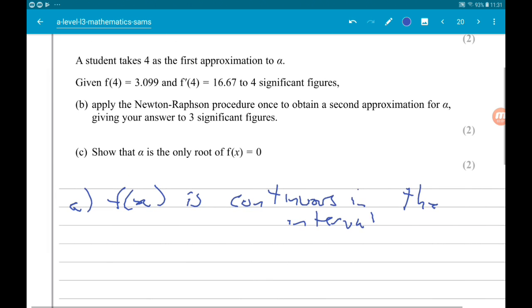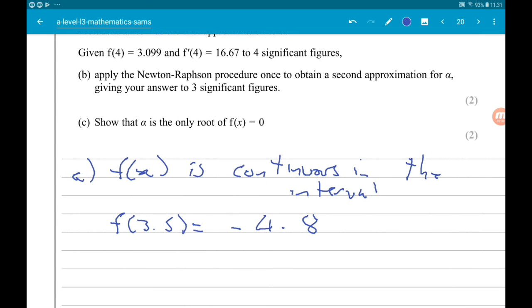So f of 3.5, make sure you can get minus 4.8, and then f of 4, make sure you can get 3.1.